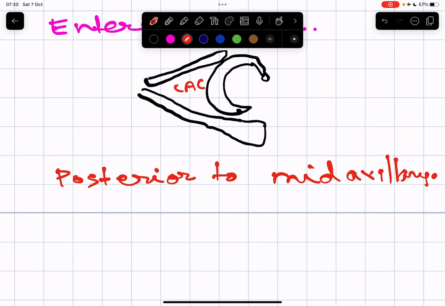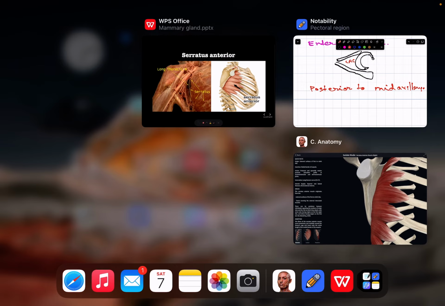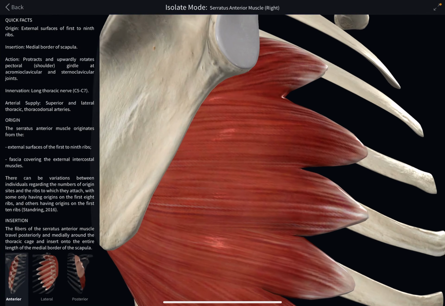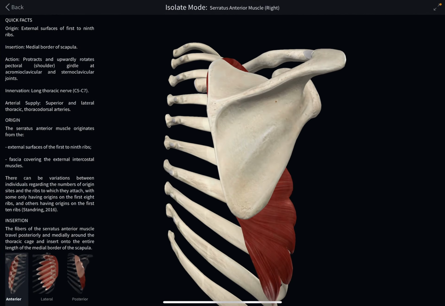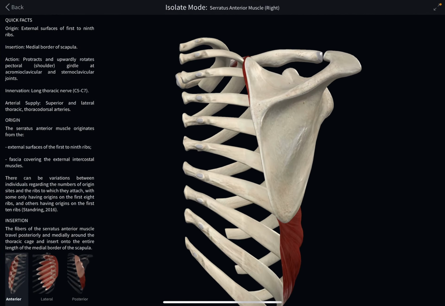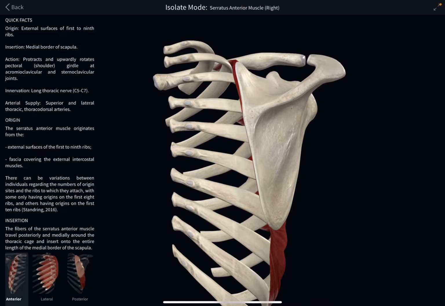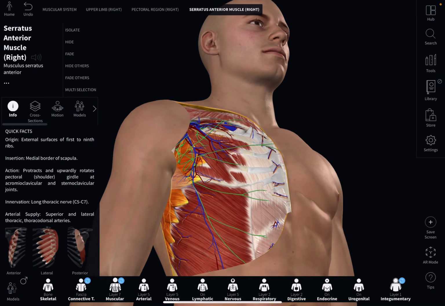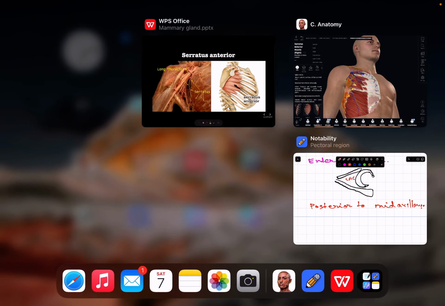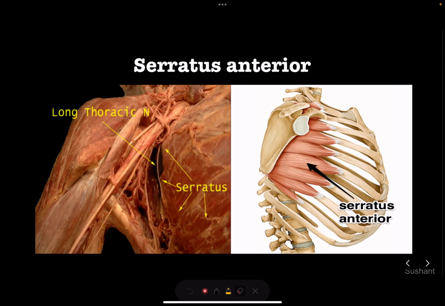Now, those are the four muscles of the pectoral region. The serratus anterior muscle can be seen inserting into the medial border of the scapula along its ventral surface. Right. Next, let us look at what is more in the pectoral region.